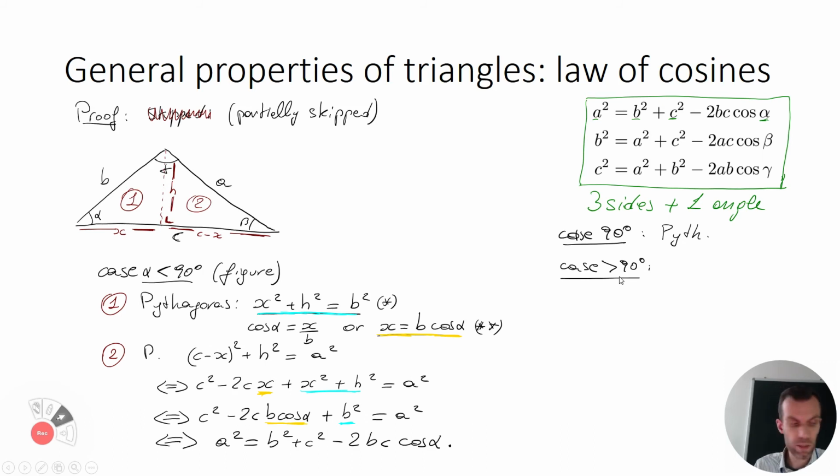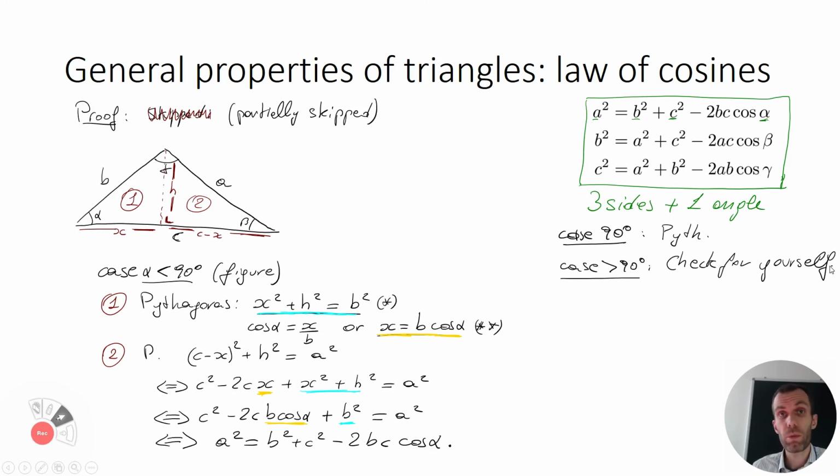So in that case, if you want to do this by yourself, then you will have to extend one of the sides and do a similar construction as what we did for the sine formula. So you can check this for yourself if you're interested. And if you have any questions, you can reach out to me and I can help you out if you're stuck. So cosine formula, also very important formula in general triangles.